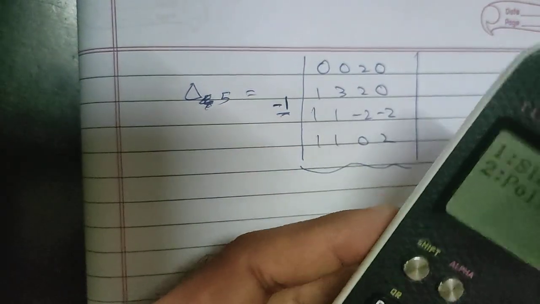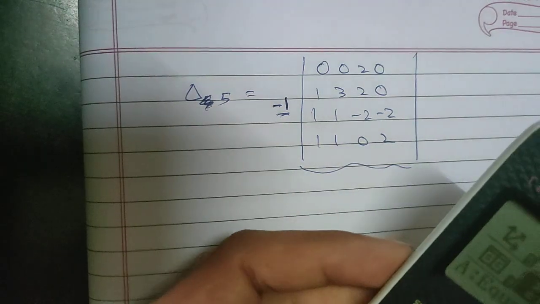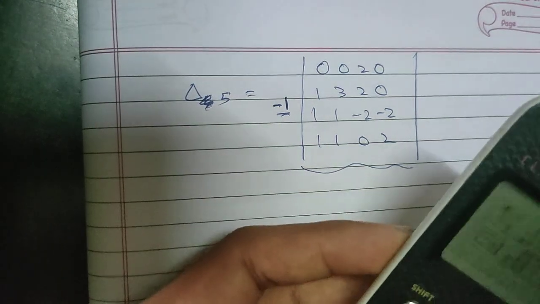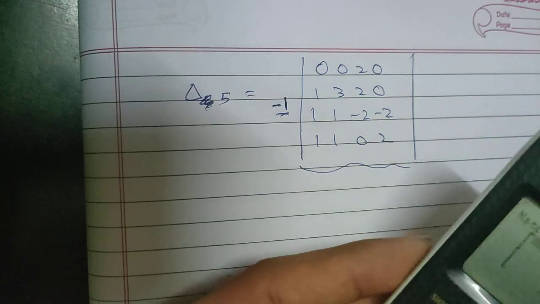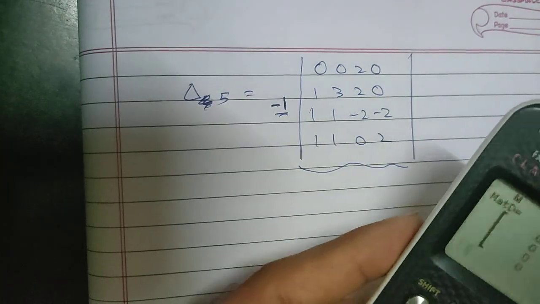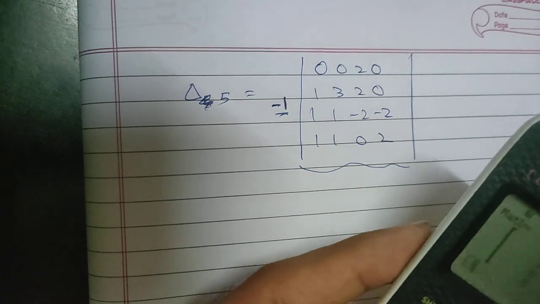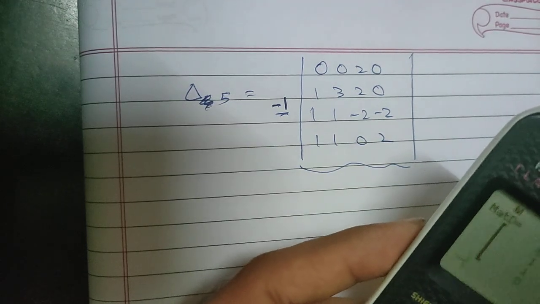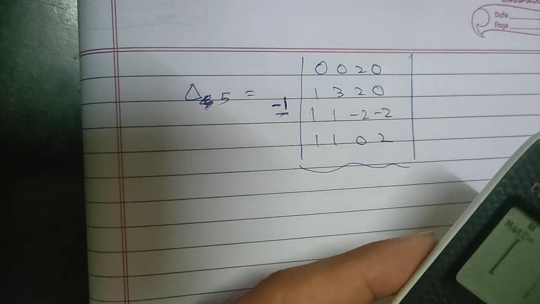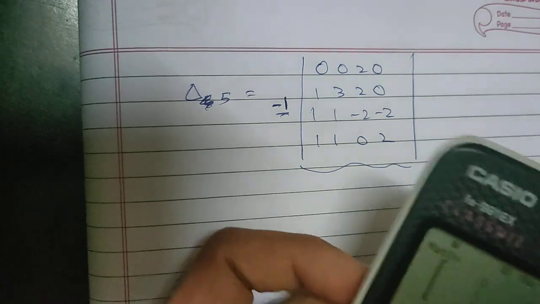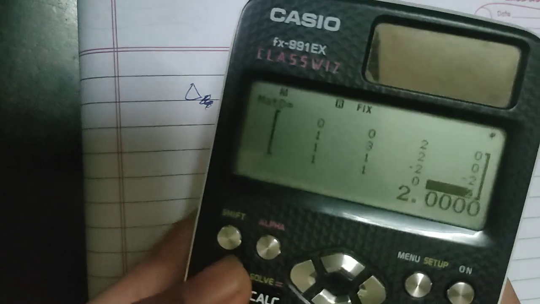I do not want to reduce it any further. So 0 0 2 0, 1 3 2 0, 1 1 minus 2 minus 2, 1 1 0 and 2. Yeah, I entered the matrix.